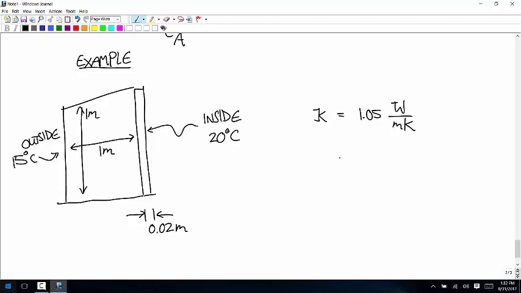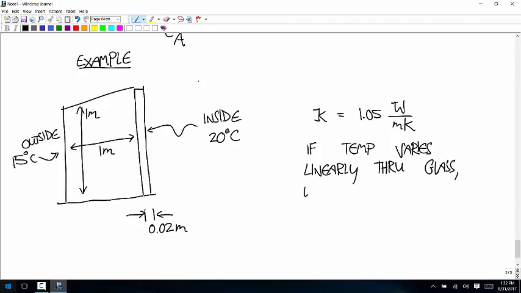And if we assume that temperature varies linearly through the thickness of the glass, what's the rate of heat transfer through the window?